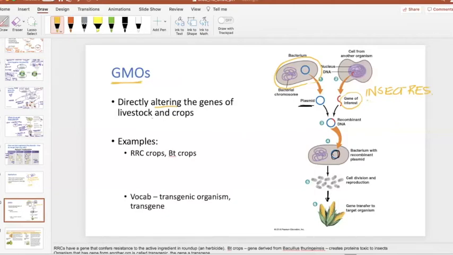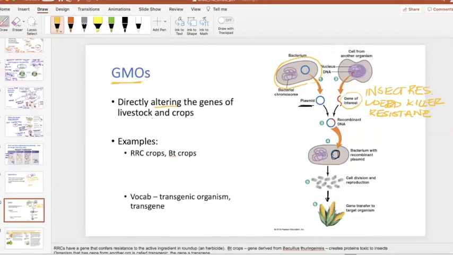It might be a weed killer resistance gene. So these are genes that might be beneficial for a plant to have.